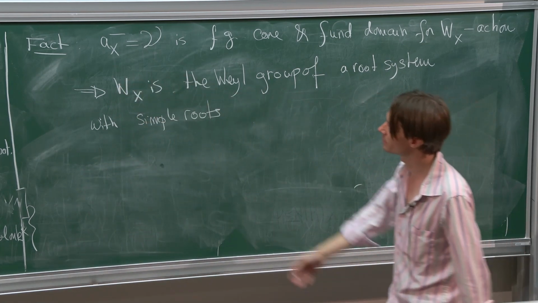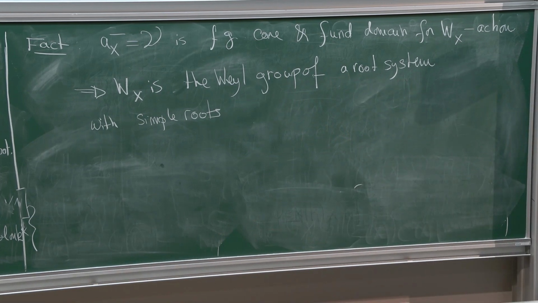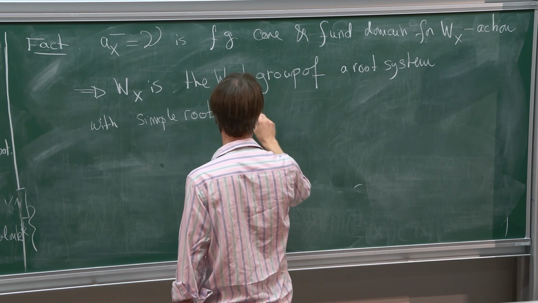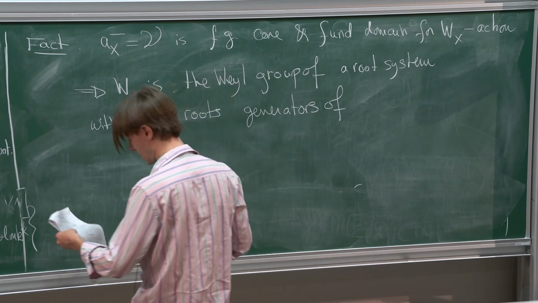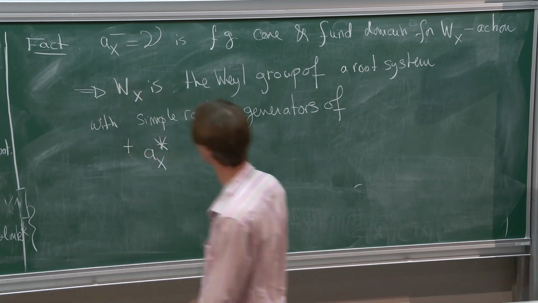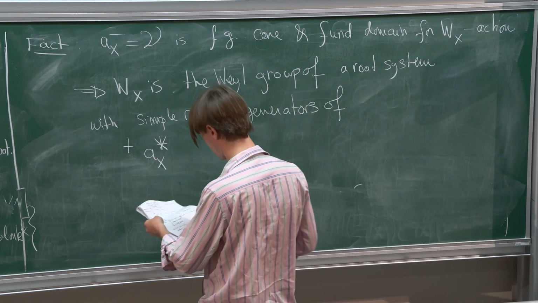I mean, this will be the Weyl chamber. So if you want the simple roots, you have to take the generators of the extremal rays of the dual cone. And the dual cone, I think this was the notation used in Pierre-Henri's lectures, so the plus is on the left. So now this is a root cone.